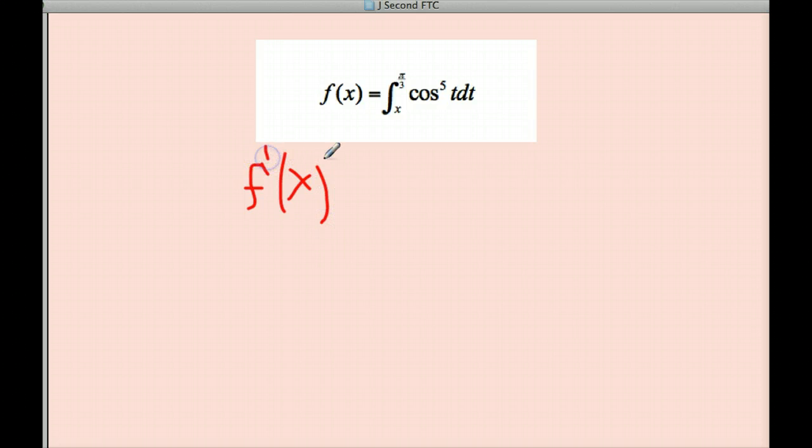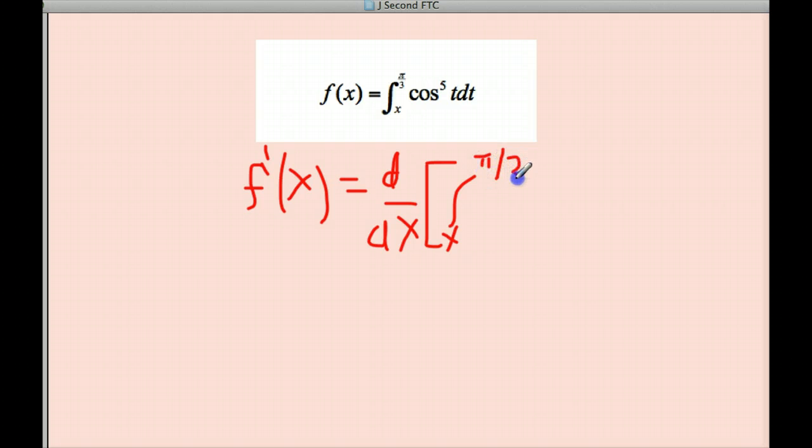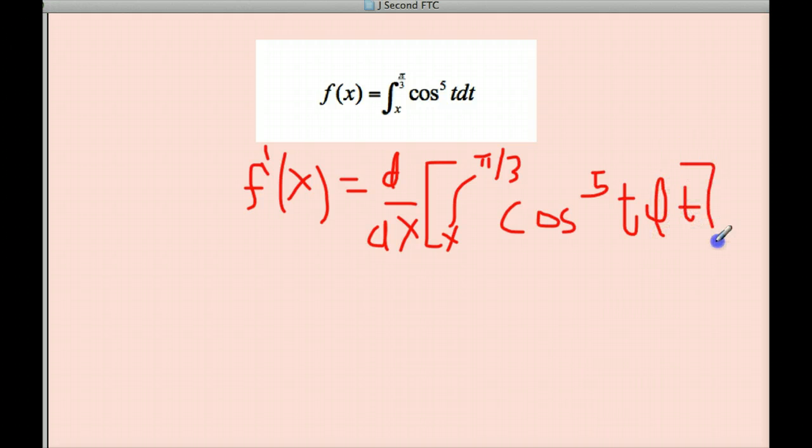So there's my derivative mark, is equal to d/dx, bracket, the integral from x to pi over 3 of cosine to the 5th t dt.